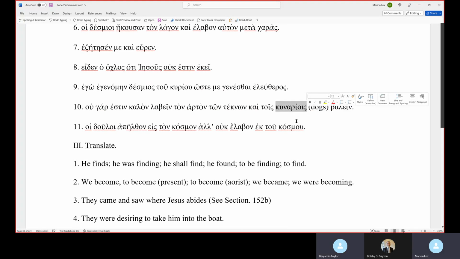So let me make sure I got that. So you said, "For it is not good to give the children's bread even to throw to the dogs." Yeah. And it could be "and", to throw it to the dogs, to cast it to the dogs. Okay.